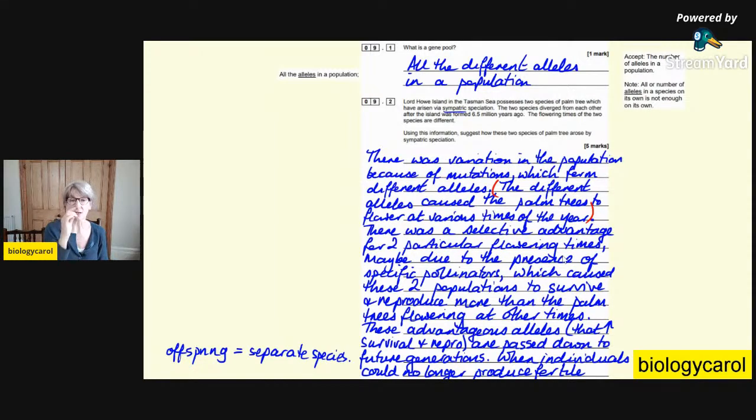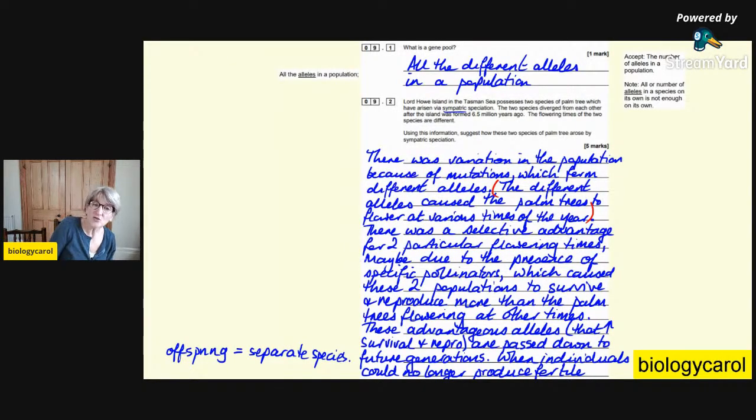However, the crucial thing is that at two of those times in that range, there was clearly an advantage in the environment that caused the individuals that had those particular flowering times to be more likely to survive and reproduce.